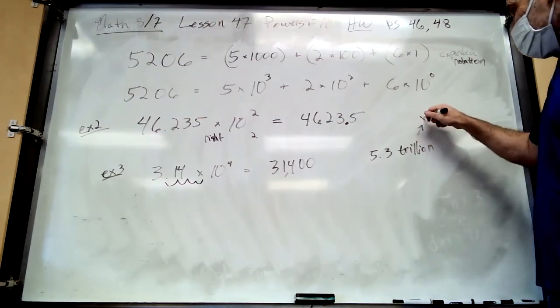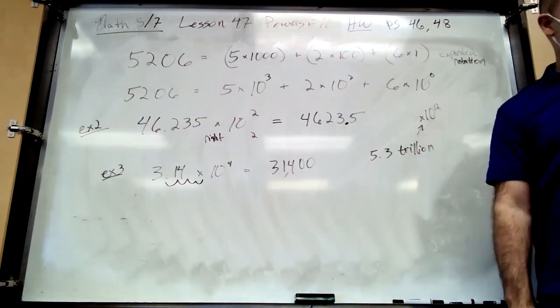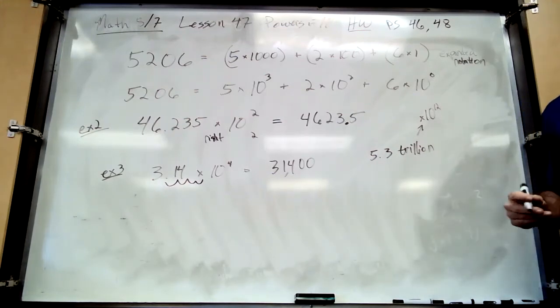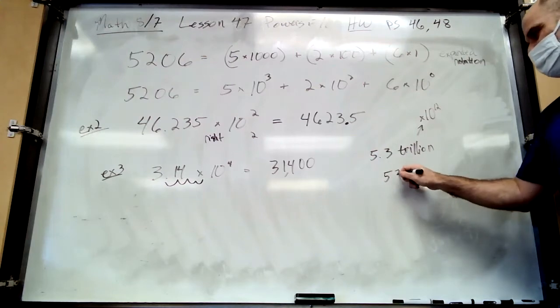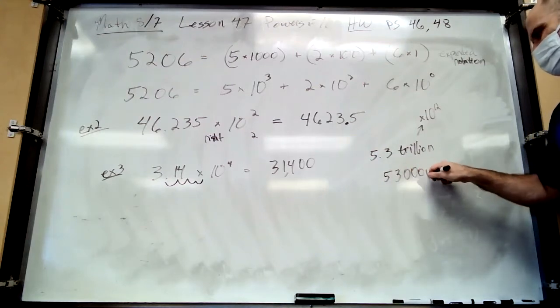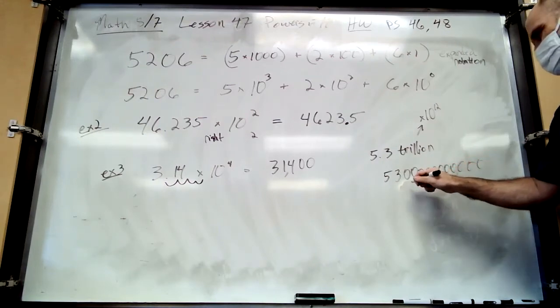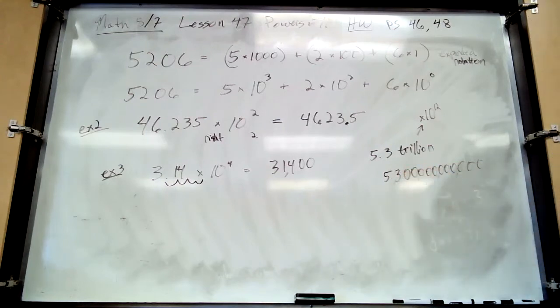So this is times 10 to the 12th. So if you go 5.3 times 10 to the 12th, that's 5, 1, 2, 3, 4, 5, 6, 7, 8, 9, 10, 11, 12. So that's 5.3 trillion. Or in other words, 5,300,000,000,000,000,000.